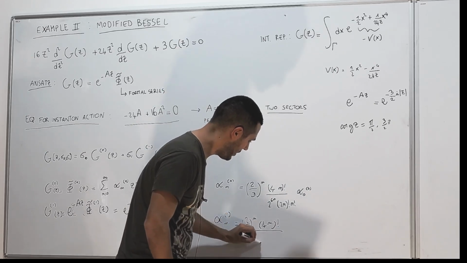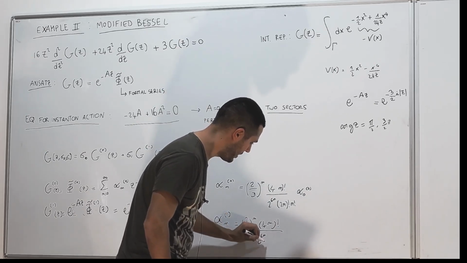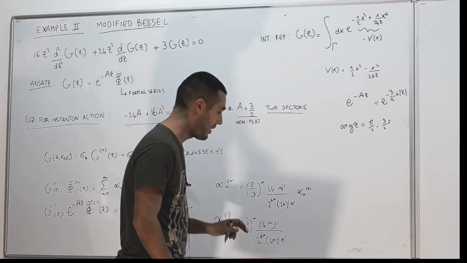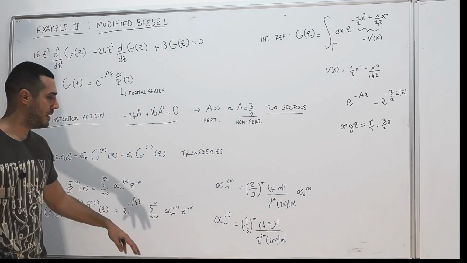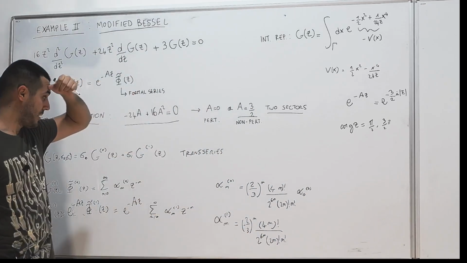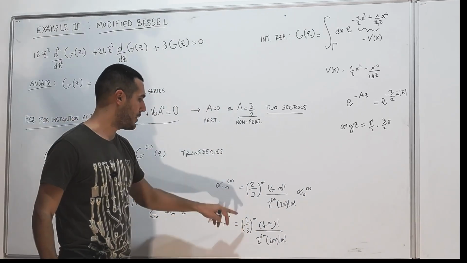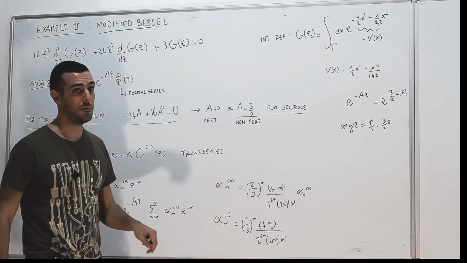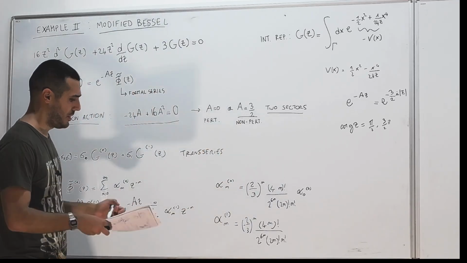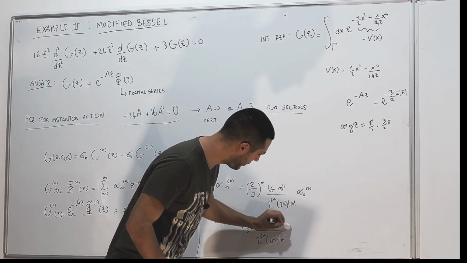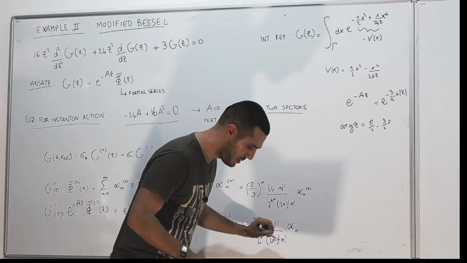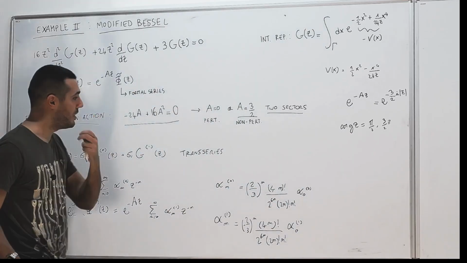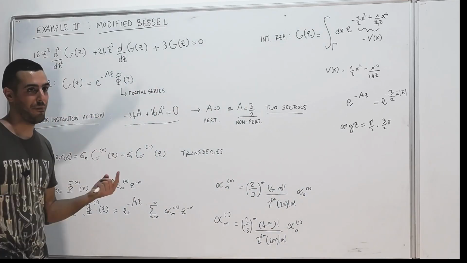You immediately recognize the factorial growth of the coefficients because we have essentially 4 factorials at the top and 3 at the bottom. You see that there is an exponential growth dictated by the instanton action, which is also something that is expected. And of course, they are defined up to the first coefficient.